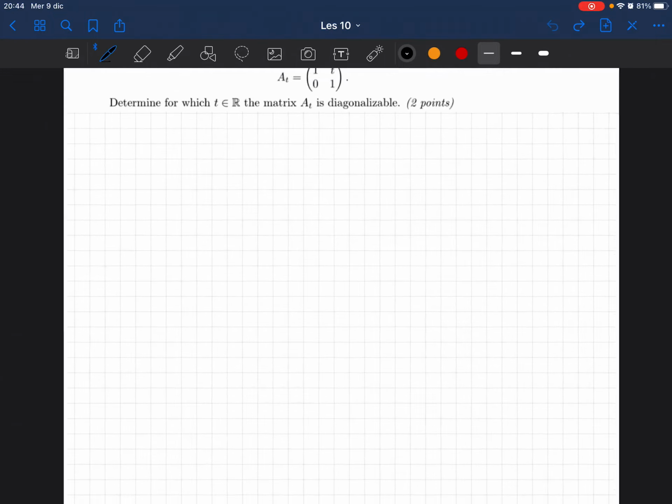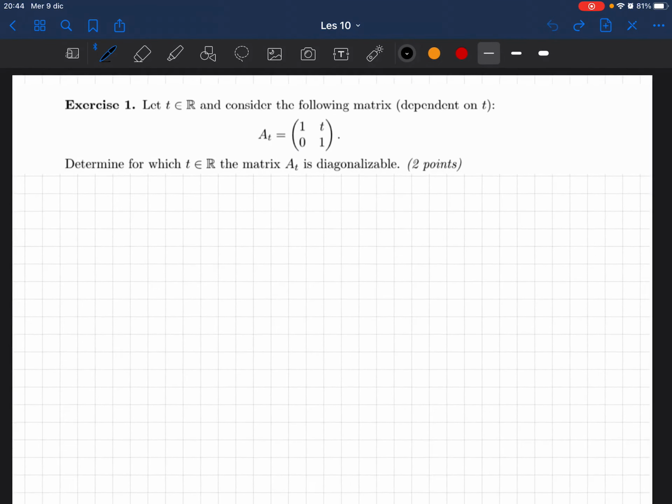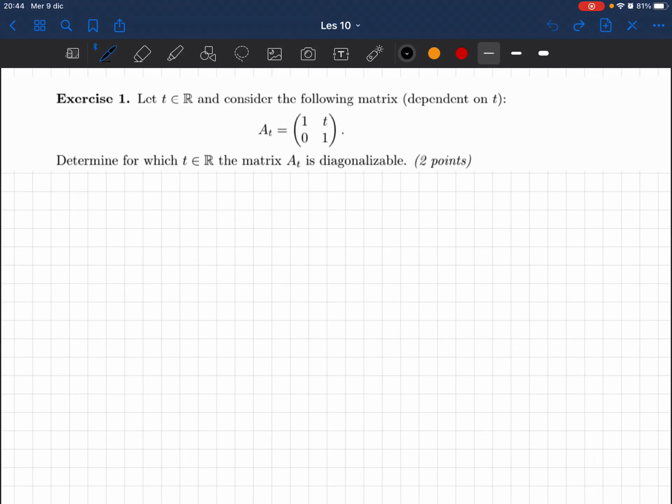So we have a matrix, and we ask for which t it is diagonalizable.